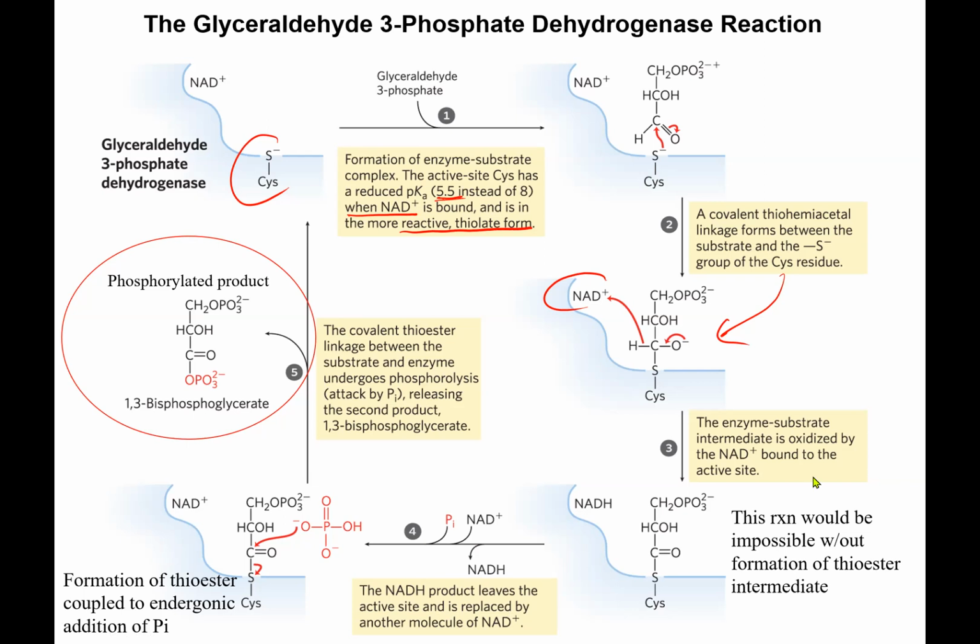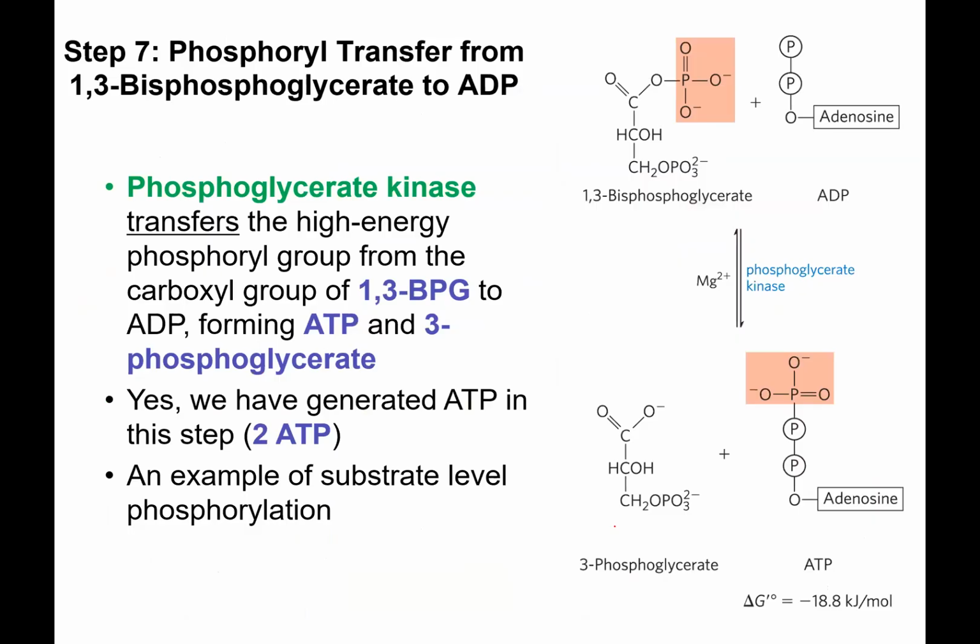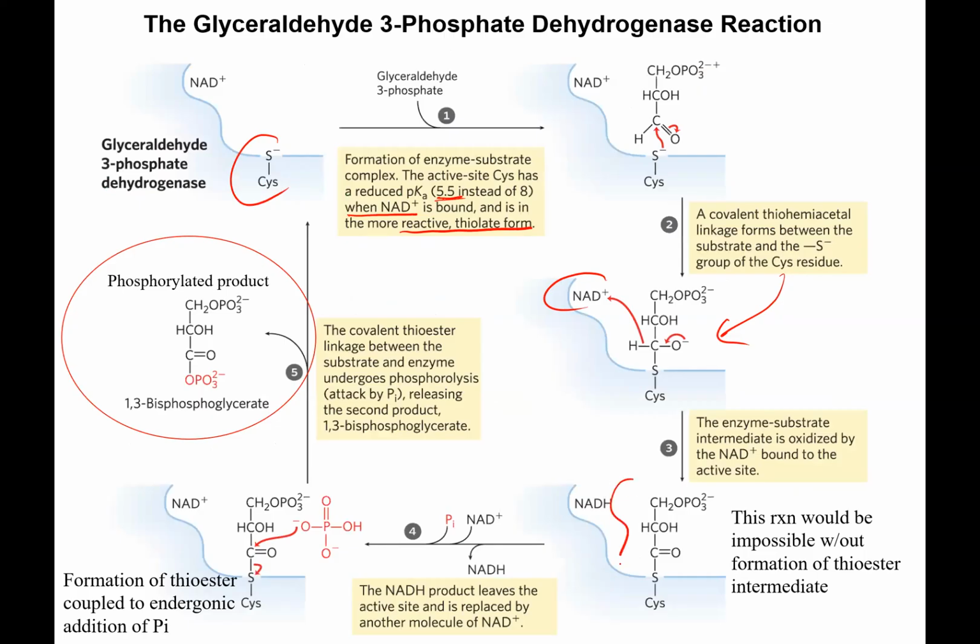This thioester is quite an important structure in terms of this mechanism working, because this is, again, a not very stable situation. And because it's not very stable, it's going to allow the addition of this inorganic phosphate to the molecule.